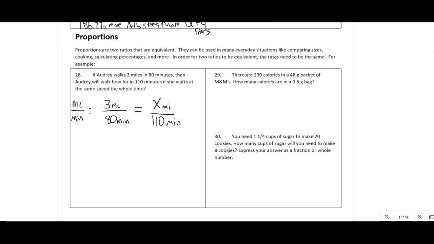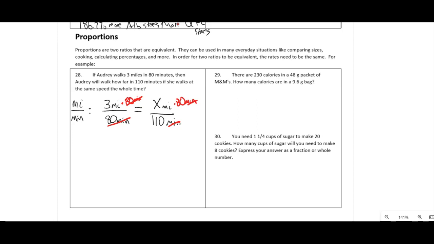One thing you can do is clear fractions. I'm not going to work with the lowest common denominator because it's not necessary. But if I multiply both sides by 80 minutes, that will reduce the left denominator, but it doesn't reduce the right denominator. It does reduce the minutes, that's nice.